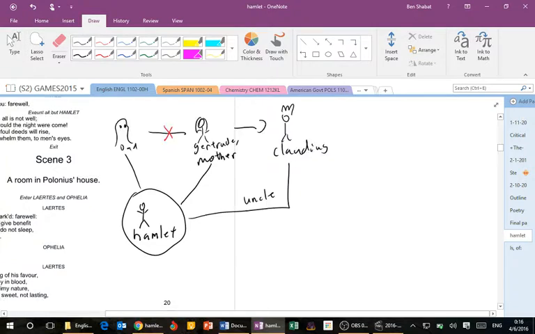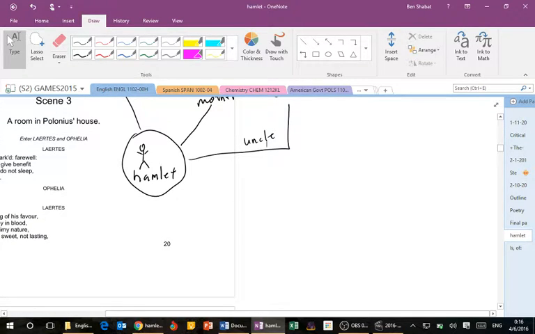Now, meanwhile, as far as his affection goes, which is something that we begin to discuss in scene 3, we have Ophelia. I'm hoping that's how you pronounce that. And then Ophelia has her own family.